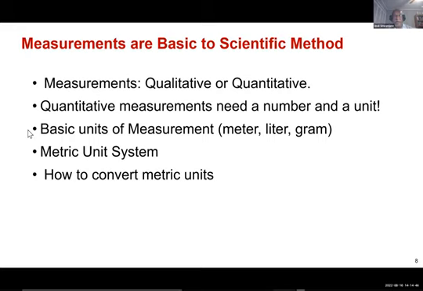So there are basic units for observations. The main ones are length, volume, and mass.